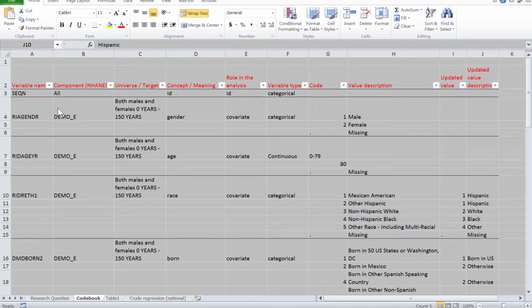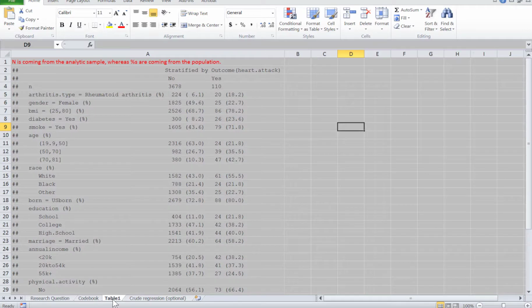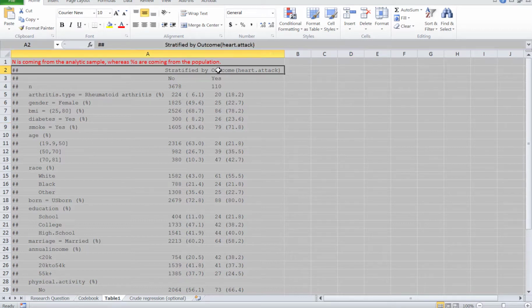It is usually a good idea to cross classify any of the variables that you are considering with the outcome variable and exposure variable. So for example, in the next worksheet, you can see there is a cross classification of all of the variables based on the outcome. But I think it is also a very good idea to cross classify all of the covariates with the exposure as well.